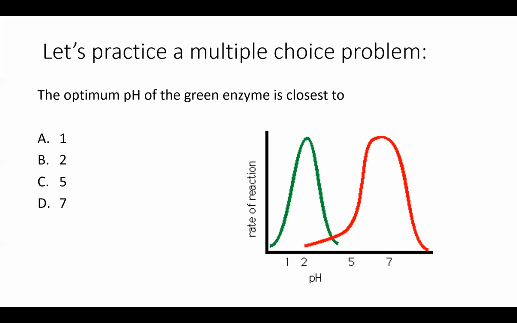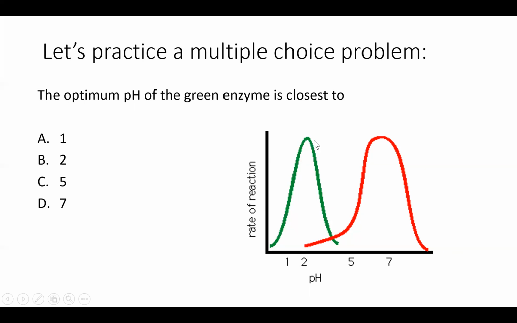And our last question, the optimum pH of the green enzyme is closest to, for all y'all that are colorblind, this one here, the first one is green. The optimum pH of an enzyme would be where the rate of reaction is highest, where it's doing the most of its work.